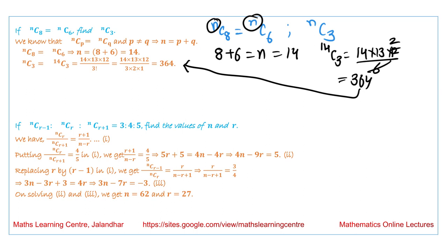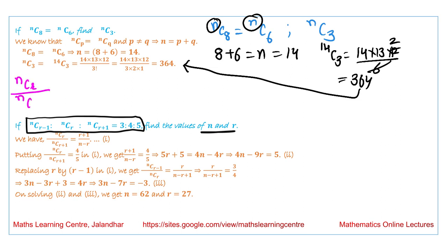Now next we have, if the ratio of these three terms that are given to us, the ratio of these three terms is 3:4:5, we have to find the value of n and r. So we know the formula that nCr divided by nC(r+1) is equal to (r plus 1) divided by (n minus r).